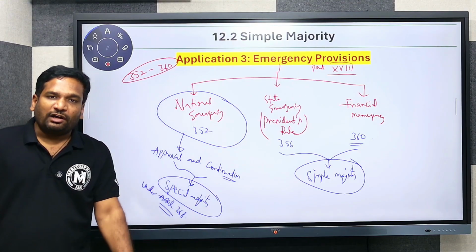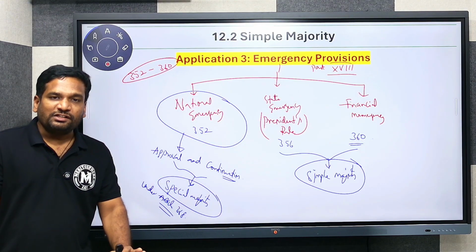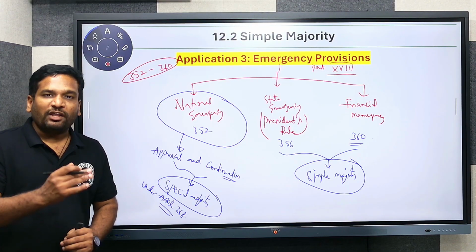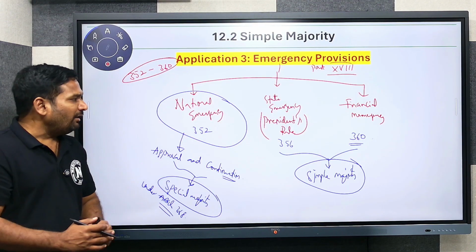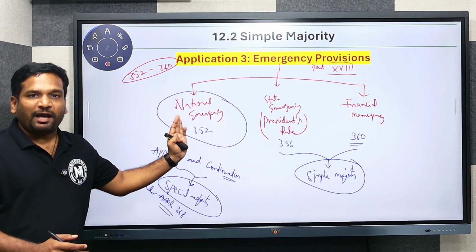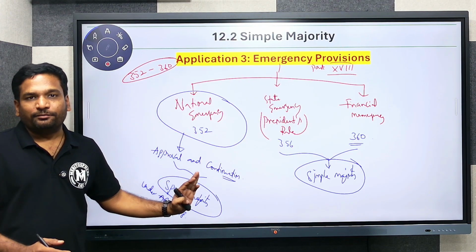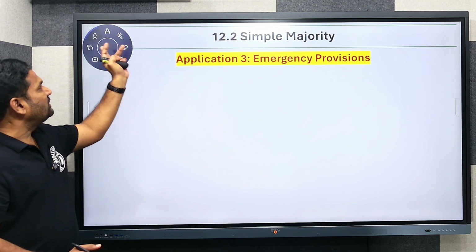So to avoid such situations, and to make sure of higher acceptance in the Parliament, the 44th Constitutional Amendment Act has made the proclamation of national emergency subject to approval by special majority under Article 368.